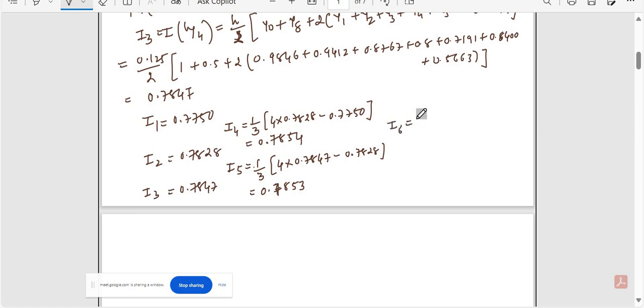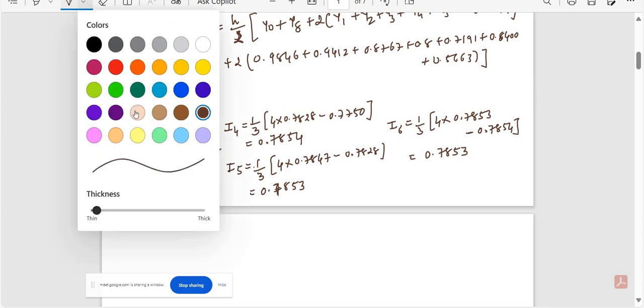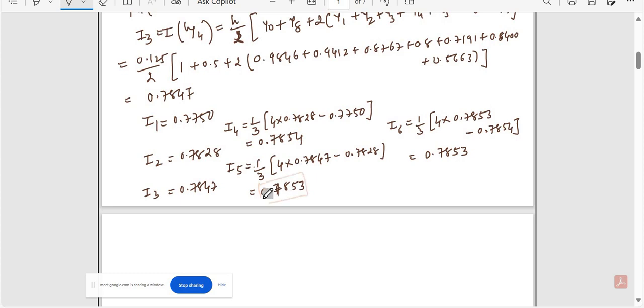How will I find I6? That will be 1 by 3 times 4 times I5, where I5 is 0.7853, minus I4, that is 0.7854. So we get 0.7853. Okay, now if you observe, our answer is here, and these are the same values.